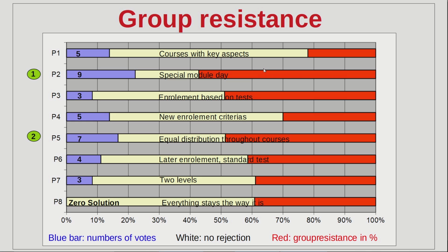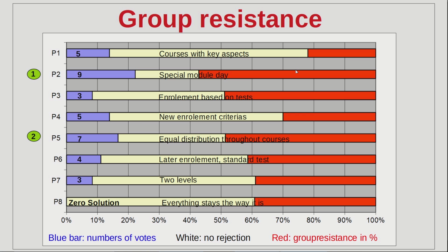If, for example, each of the participants had evaluated proposal 1 with 10 resistance points, then the resistance would be 100%. Here each line is 10%, so the red bar would go all the way to the left to 100%. So proposal 1 has a group resistance of around 22%.